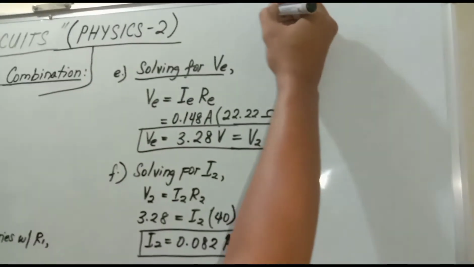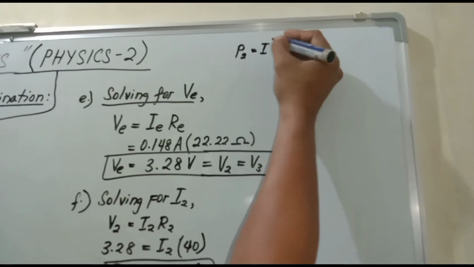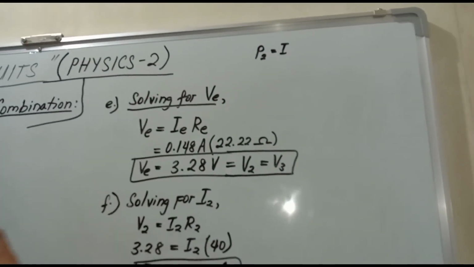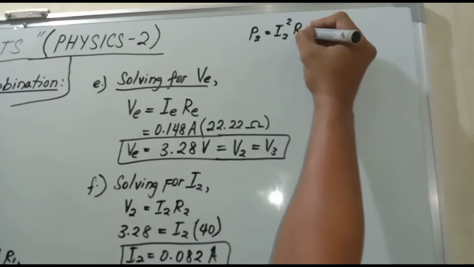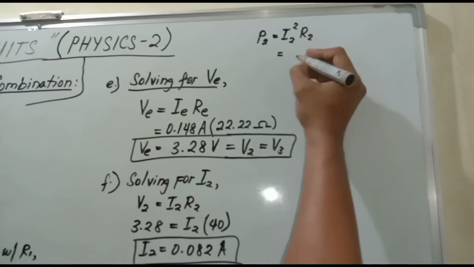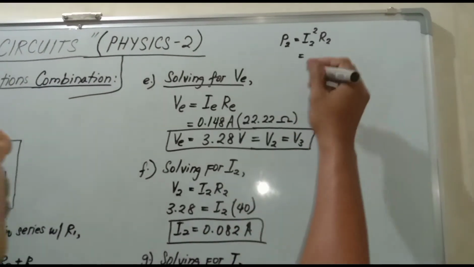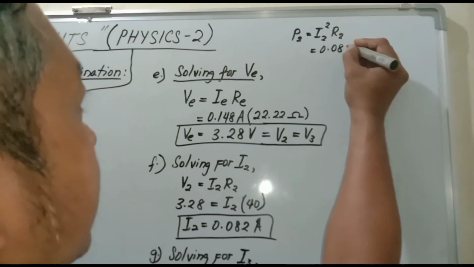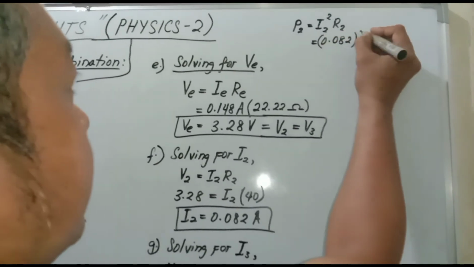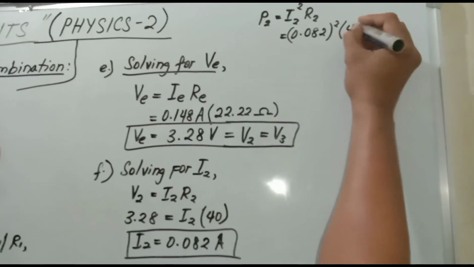And P2 is equal to I2 squared times R2. How much is I2? I2 is 0.082 squared times R2, 40 ohms.